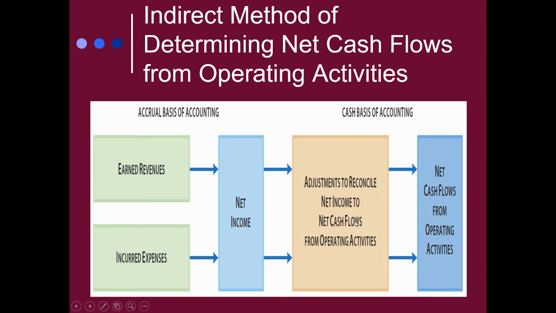So we will take some items under the income statement, and also the differences between a few accounts under the balance sheet, so that at last we will get the net cash flow from operating activities.